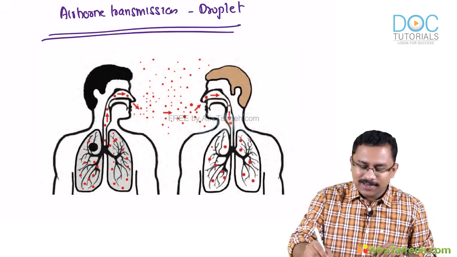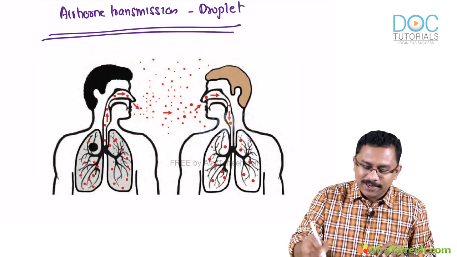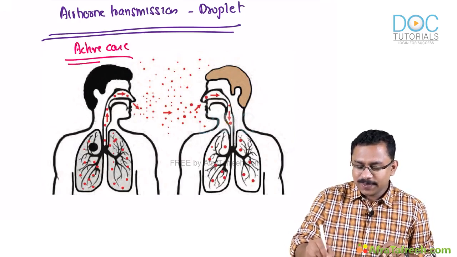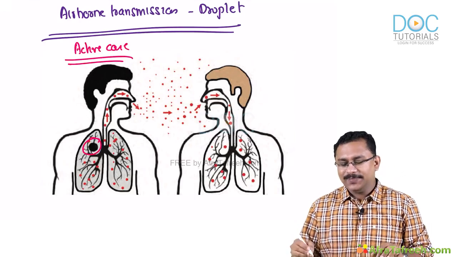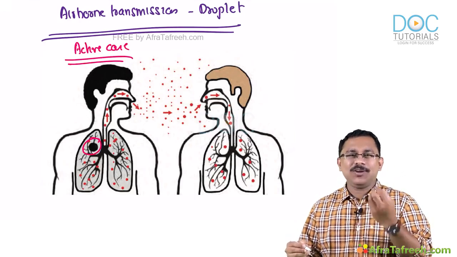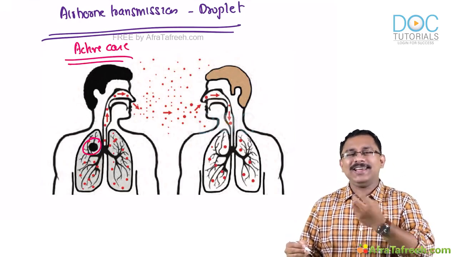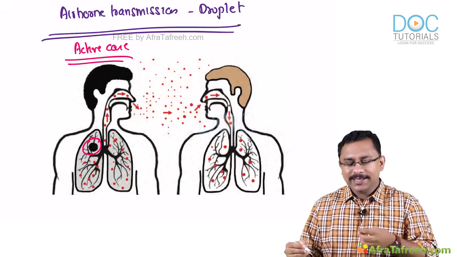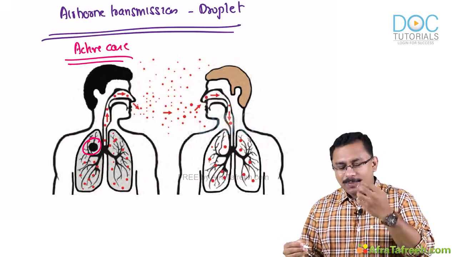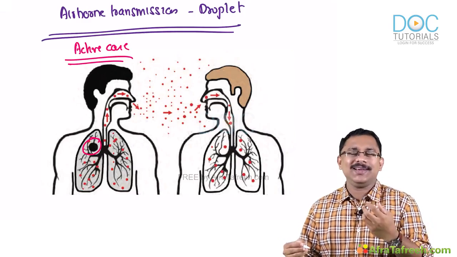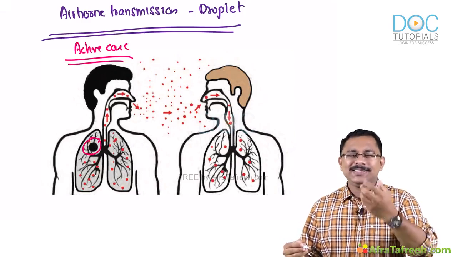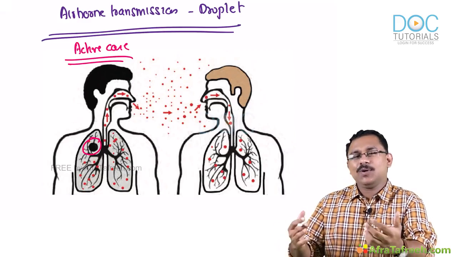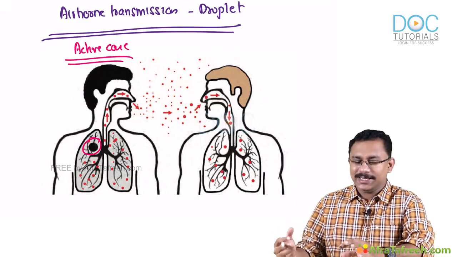You can see this is an individual who is an active case of tuberculosis. You can see he's already having some cavity. All the mycobacterial load in his cavity comes out through the airways as droplets, and by these droplets it goes to the nasal cavity, and subsequently it is inhaled by this other individual. That is how he is exposed to the tubercle bacillus.